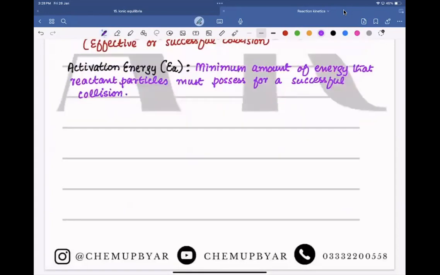So you have done these diagrams with the catalyst in your O levels as well.